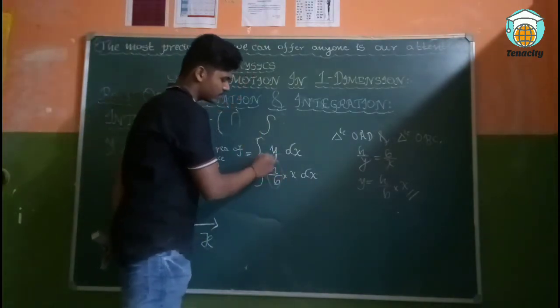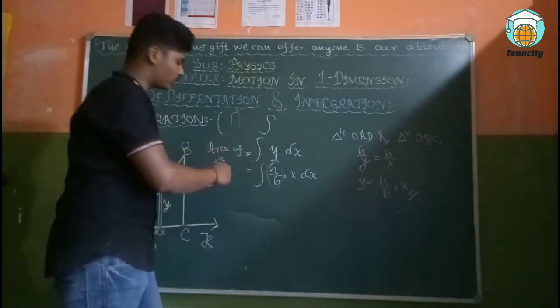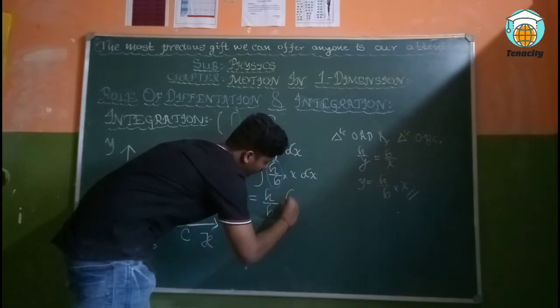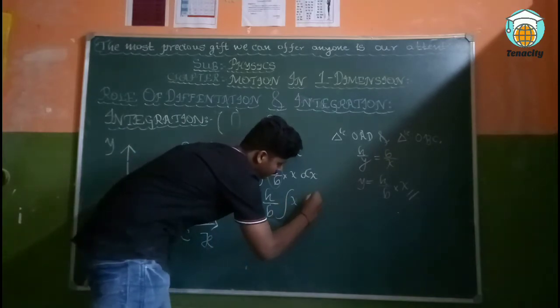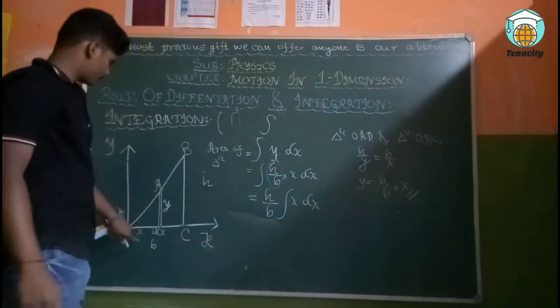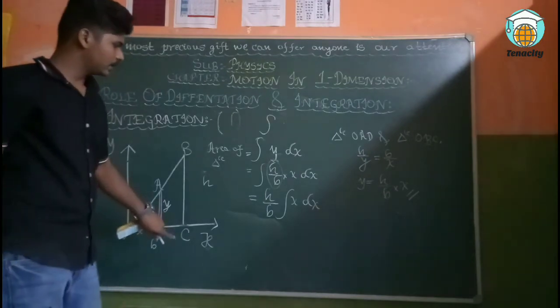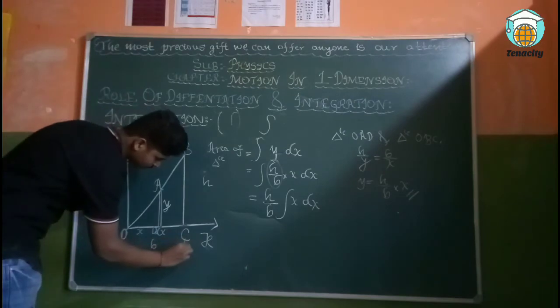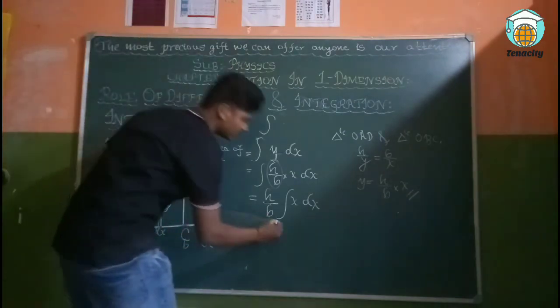As h by b is constant, you can take it out: h by b into integration of x dx. Now the interval is from 0 to b, so you write it here.